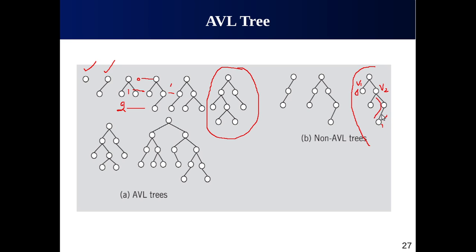The height here is 2. 2 minus 0 is equal to 2. So the difference is 2, which is greater than 1. So this is not an AVL tree. Same is the case here. This is not an AVL tree. This is also not an AVL tree. These are examples of AVL trees. I hope you have understood the concept of the AVL tree, which is also a type of binary search tree.